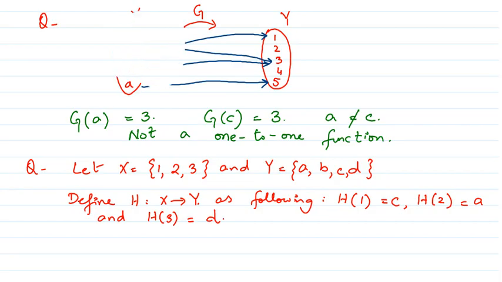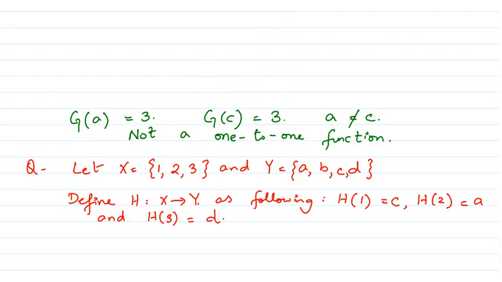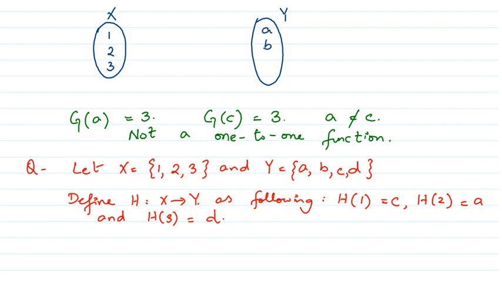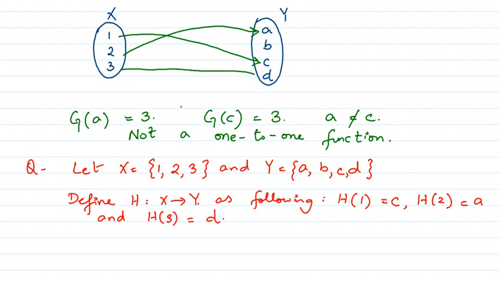According to the given definition, the set X is going to have three members, that is 1, 2, 3, and the set Y is having four, which is A, B, C, and D. And according to the given mapping, h of 1 is equal to c, which implies that 1 is being mapped to c, 2 is mapped to a, and 3 is being mapped to d. Right?